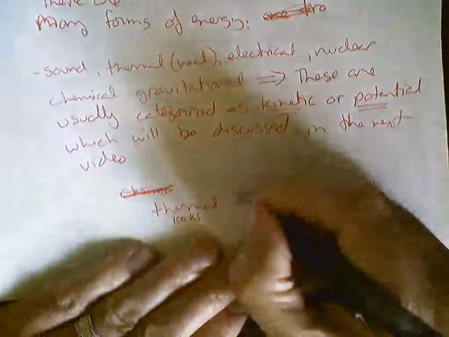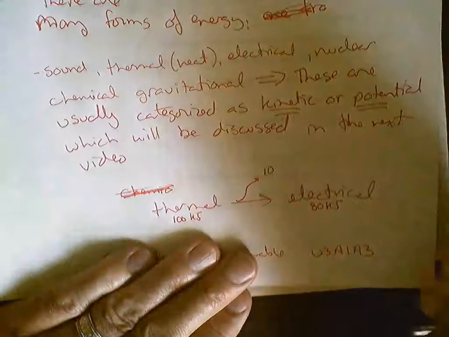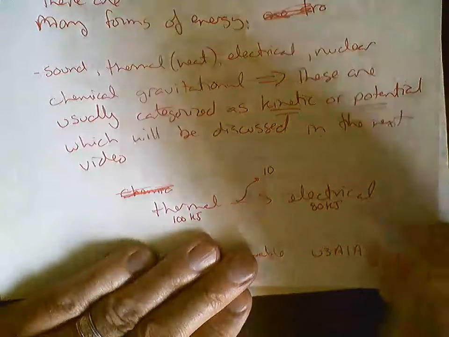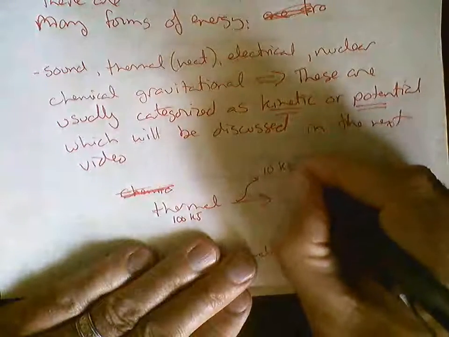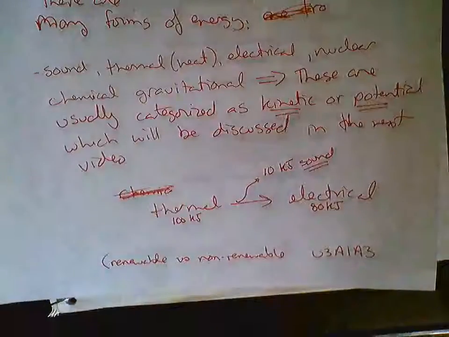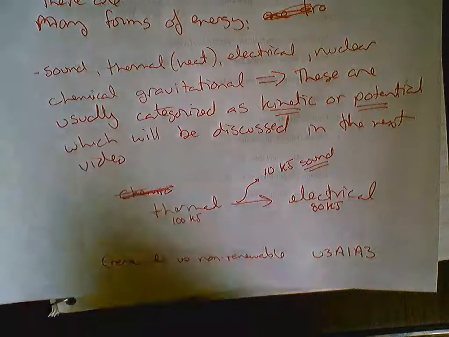Well, you have to remember, every time that you do an energy transformation, some of the energy is going to transfer into other forms of energy. So as that transformation's occurring and you hear a sound, some of that energy is going off as sound.